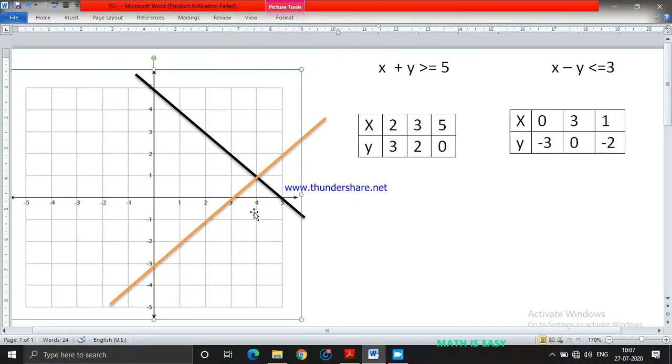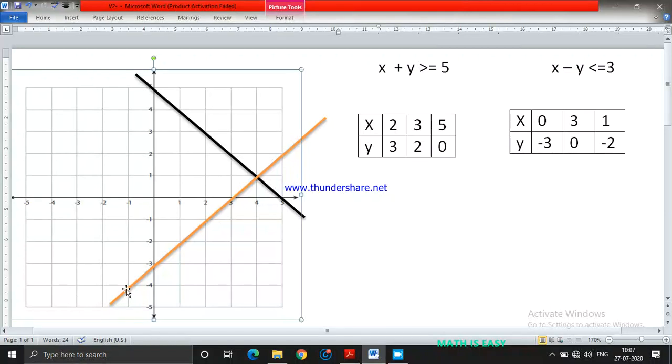If I substitute 4, minus 1 here, 4 minus of minus 1 is 4 plus 1, which is 5. Is 5 less than 3? No. So the solution set for this inequality, this orange line, is this way, the left of the line.